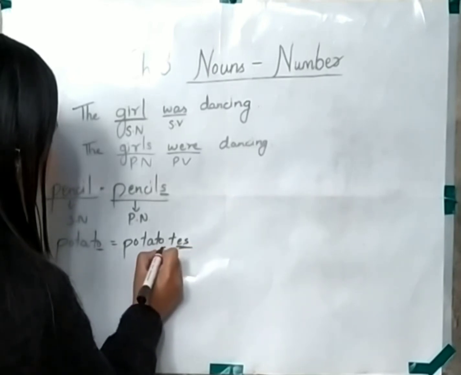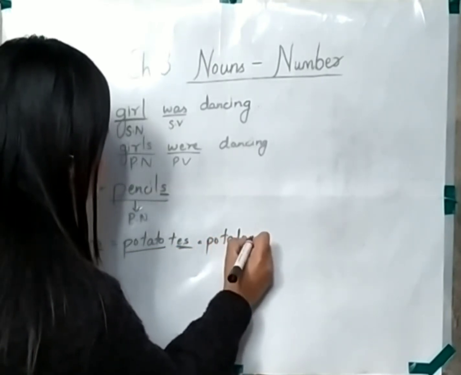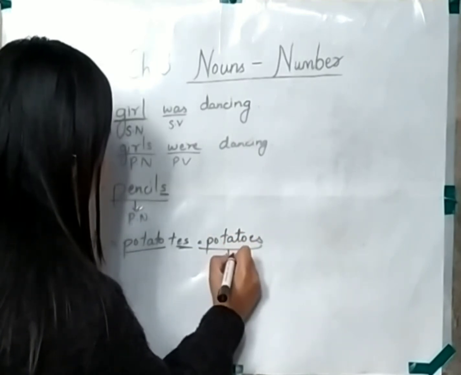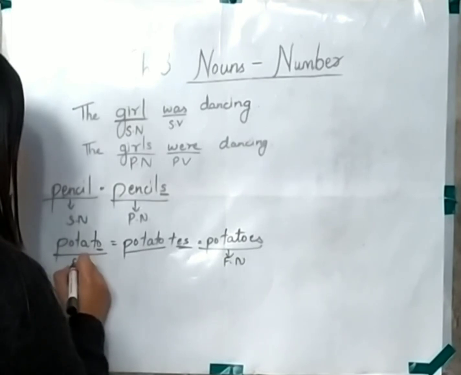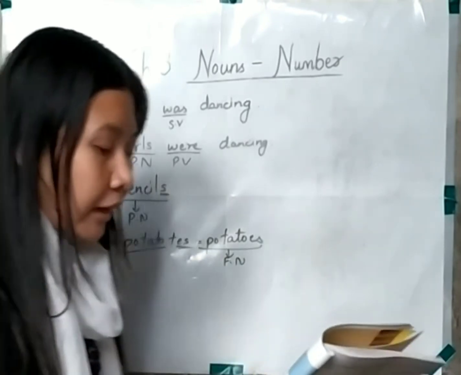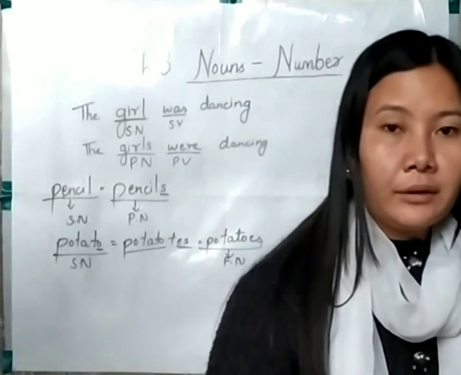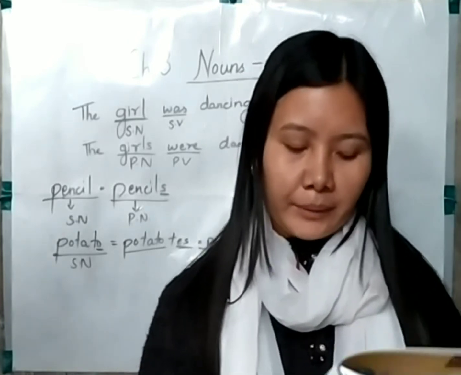So when we add es, what will form? Potatoes. This is the plural noun, and this was a singular noun. So the book is telling us that if the singular noun ends in o, then we simply need to write es behind it.